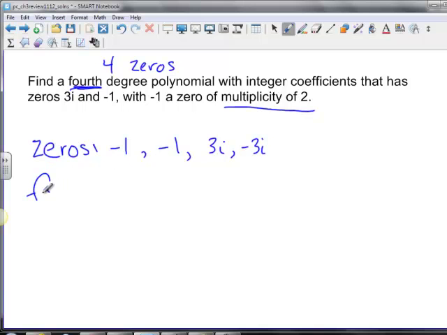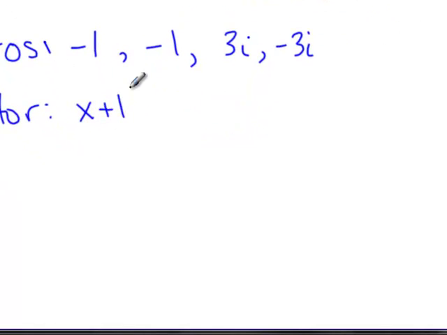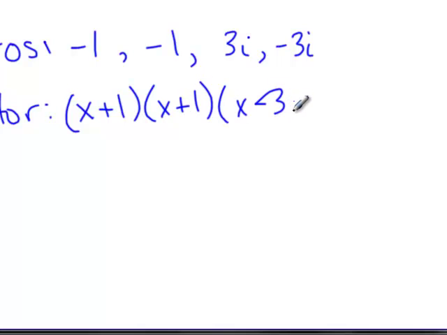Now, from there, I can use the factor theorem, and I can say my factors are x plus 1, x plus 1, x minus 3i, and x plus 3i. Okay? When I then need to find the polynomial, I'm just going to FOIL these.